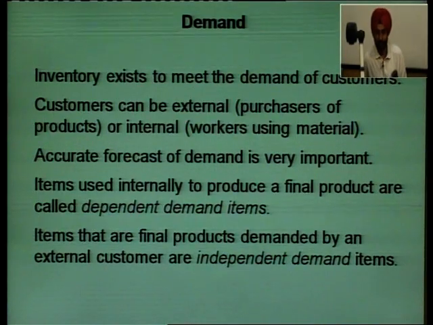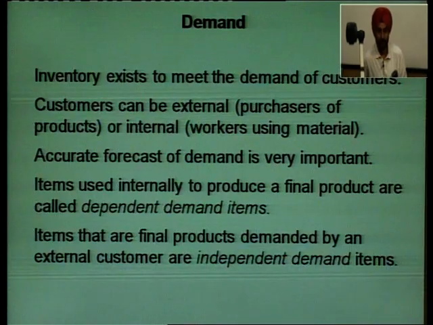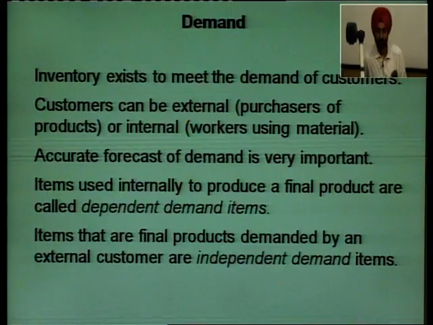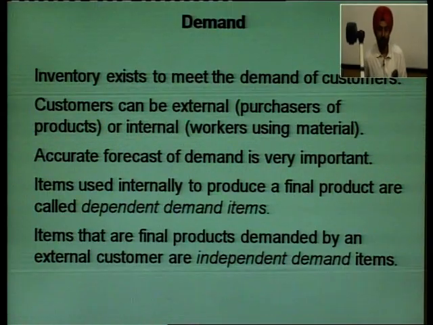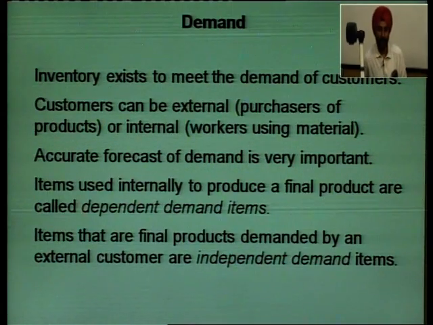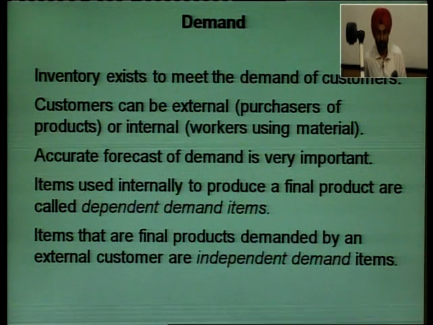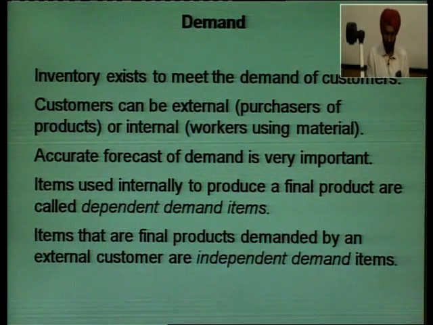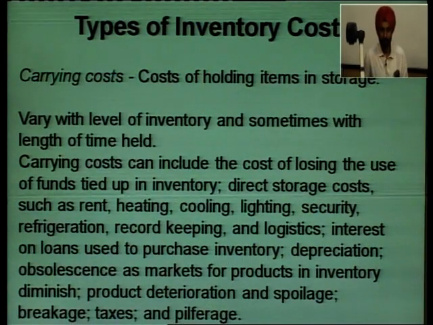Another important thing is that items that are used internally to produce a final product are called dependent demand items, and the items that are final products which go outside the organization and are demanded by the external customers are known as independent demand items. So, this is how we categorize incoming material and outgoing material.